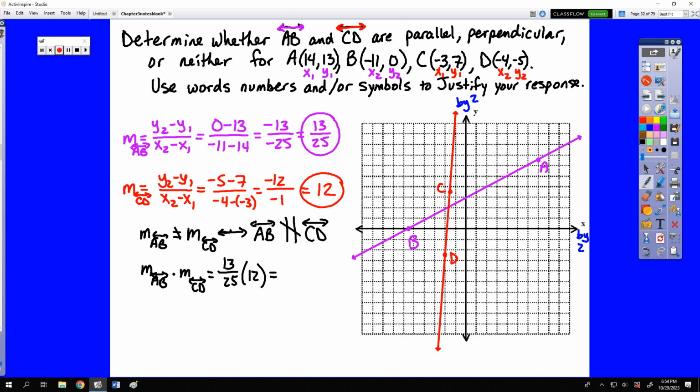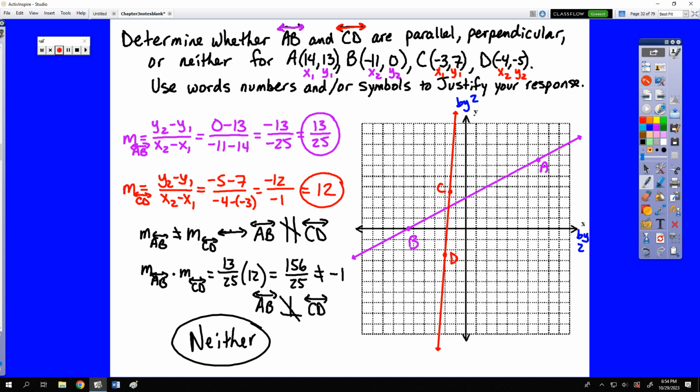In order for there to be any chance of them being perpendicular, one would have to be positive and one would have to be negative. That would be, let's see here, 156 divided by 25, which is not equal to negative 1, which means that line AB is not perpendicular to CD. So our answer here would be that these lines are neither parallel nor perpendicular.